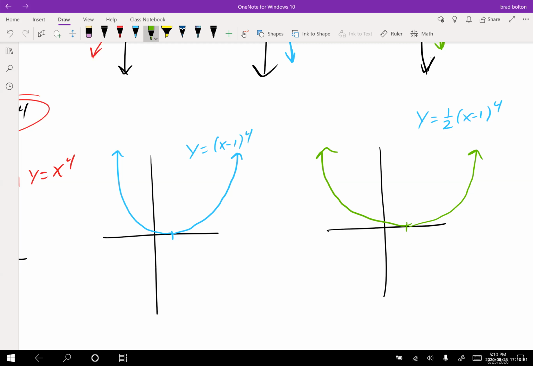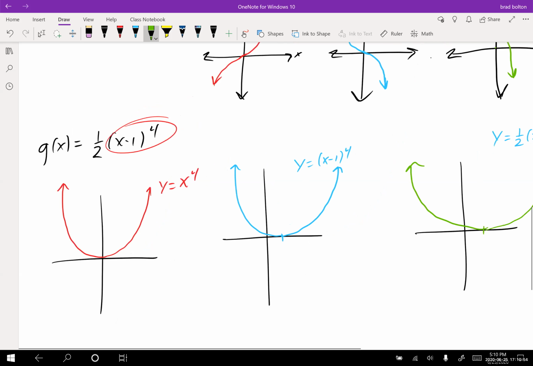All the stuff you've learned from transformations still works, and you can apply it to other things, especially polynomials. And it's not just polynomials. Whether it's exponentials, logarithms, or even trig functions, you can shift them left and right. It works the same. So that's just a little background on that.